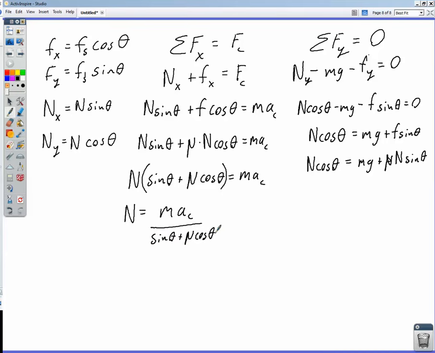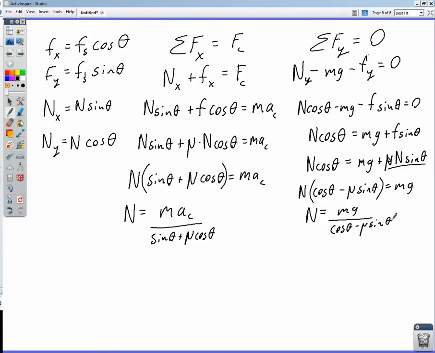Over here, sorry, we're going to have to move this guy back over to the right-hand side and factor out an N. We've got normal force times cos theta minus mu sine theta is equal to mg. And dividing out, we've got the normal force is equal to mg over cos theta minus mu sine theta.